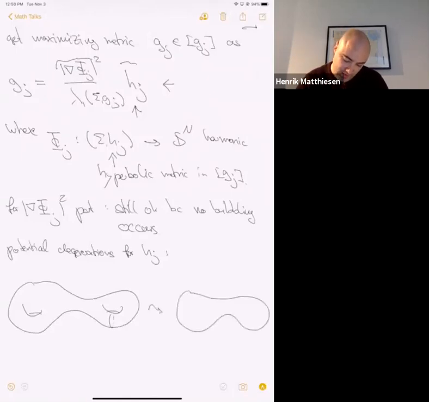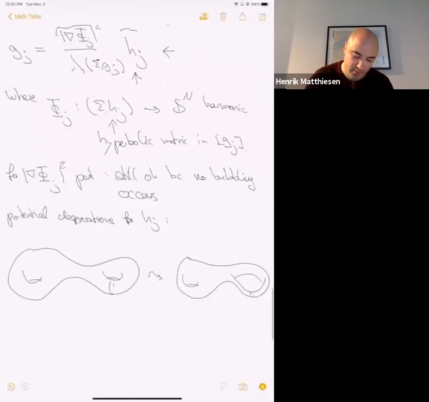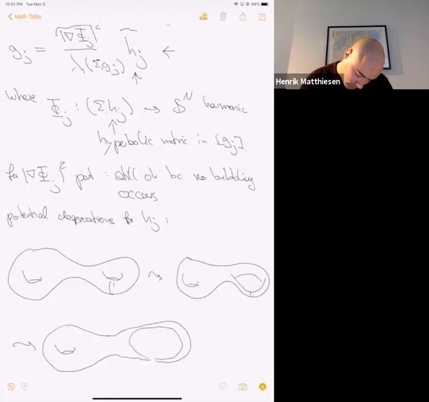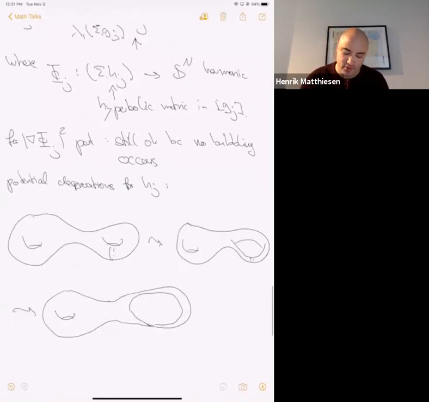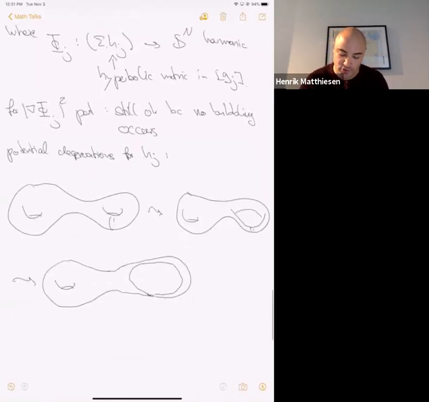So maybe I have like this, right, and then in the limit I pinch off. And then you can again use the conformal invariance, and you look at the cusp compactification of this guy here, and then you could show the following.